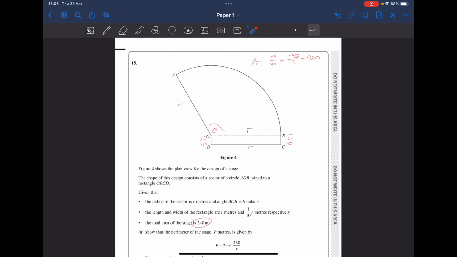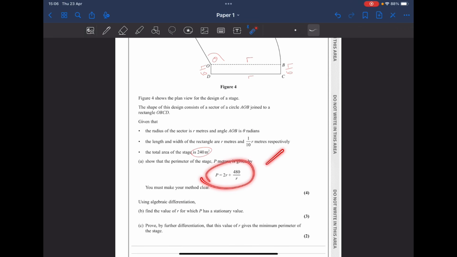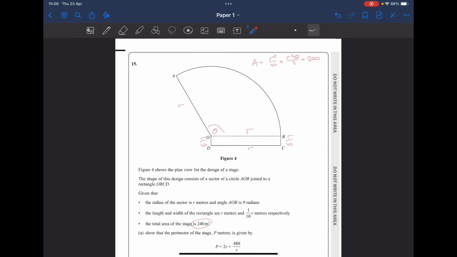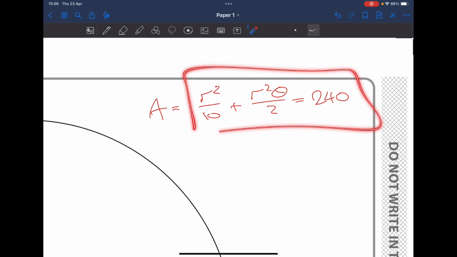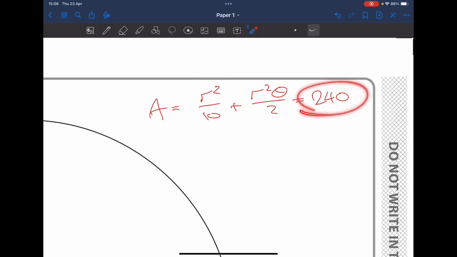Why I've done that first is, if you look down here in the perimeter, there's no theta. The angle isn't part of that. How they've got rid of that is by using this equation. So using the value they give you, we rearrange that for theta, and then we're able to sub that into the equation for the perimeter instead of where we would put the thetas.